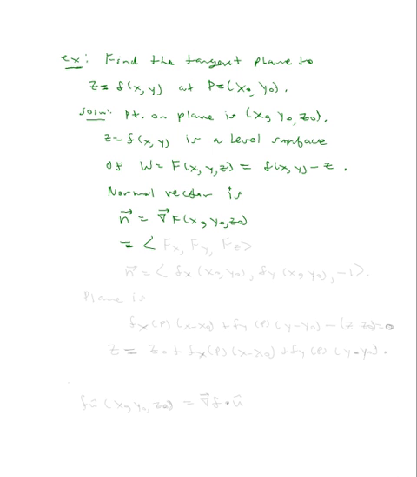The components of del big F are big F sub x, big F sub y, and big F sub z, all at x naught, y naught, z naught.